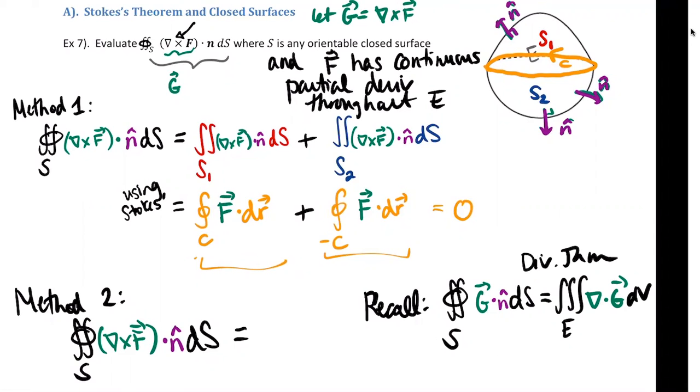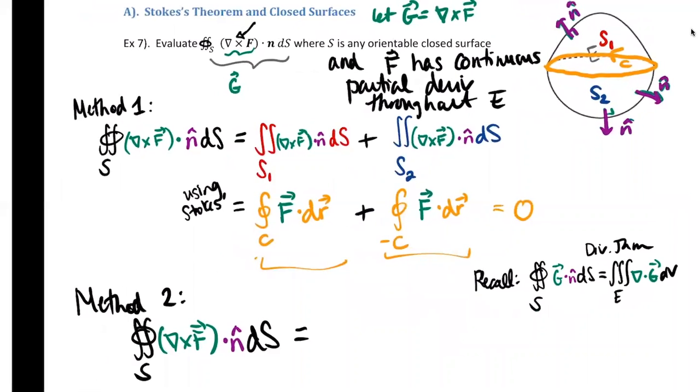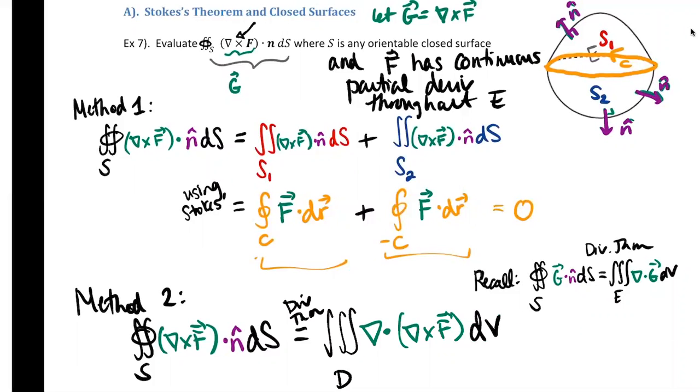Let's take this now and replace G with the curl of F, because that's really what G represents in this analogy. So by the divergence theorem, this should be the divergence of the curl of F, evaluated over my region. Oh, and I'm calling it E, not D, so let me fix that.